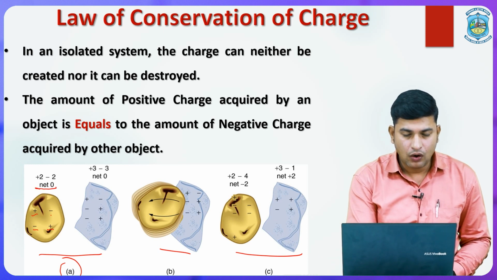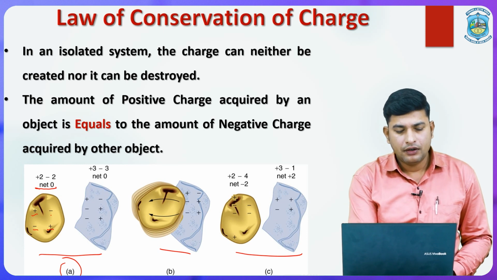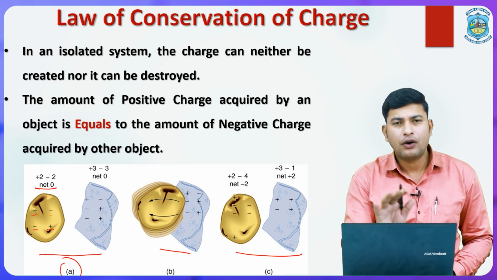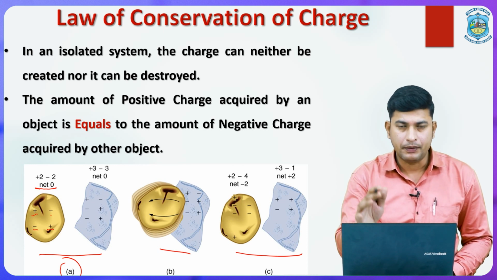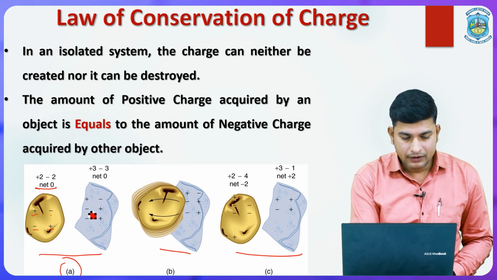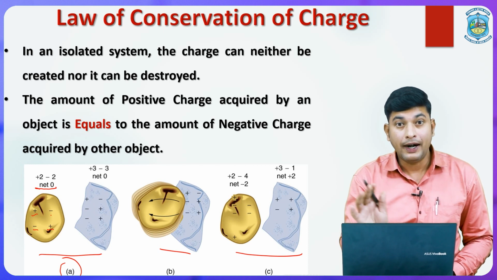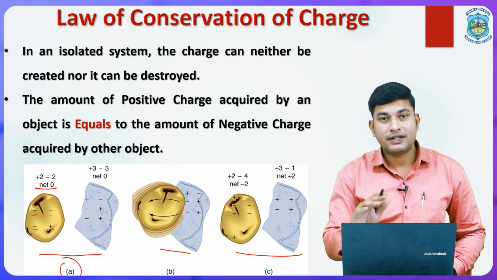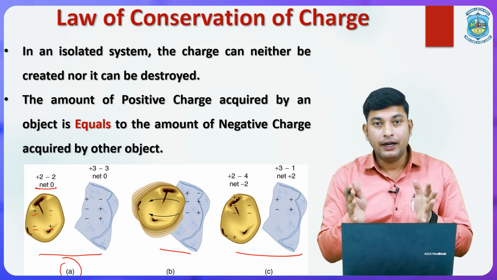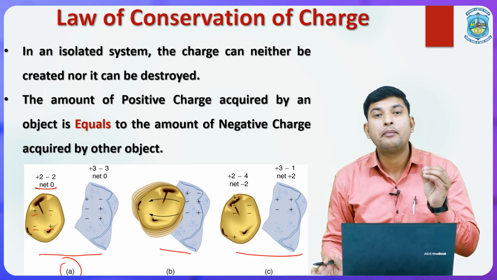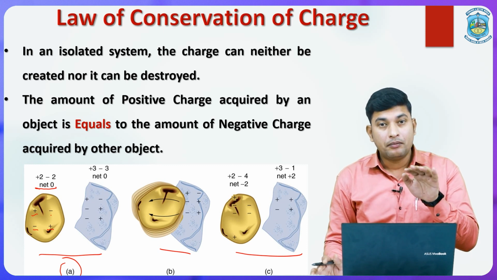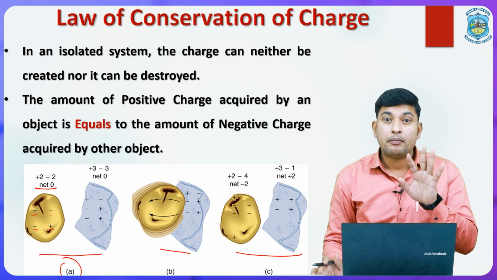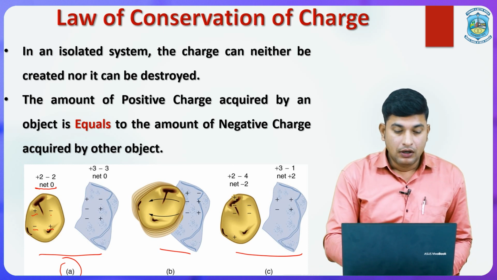Similarly, we have another object, like a cloth. We are not going into specifics about whether it is fur or silk, whatever it is, let it be. Let it have 3 positives, 1, 2 and 3, and 3 negatives. So the net charge, because of plus 3 and minus 3, will be 0. So naturally we have neutral materials, or neutral behavior of any material.